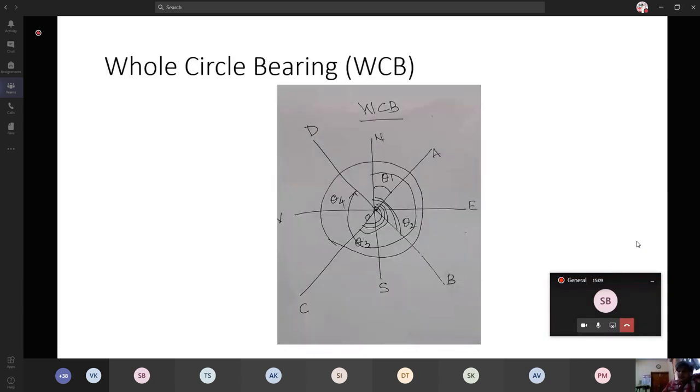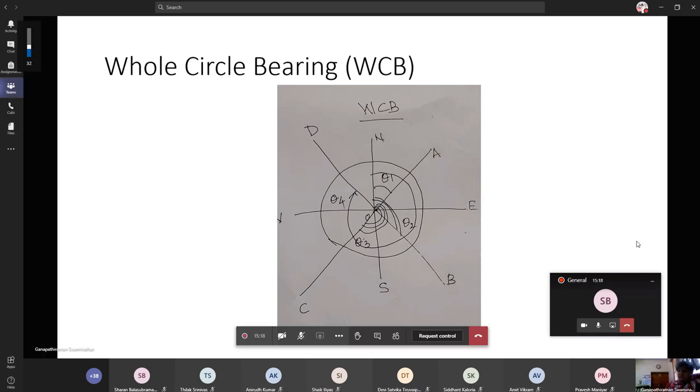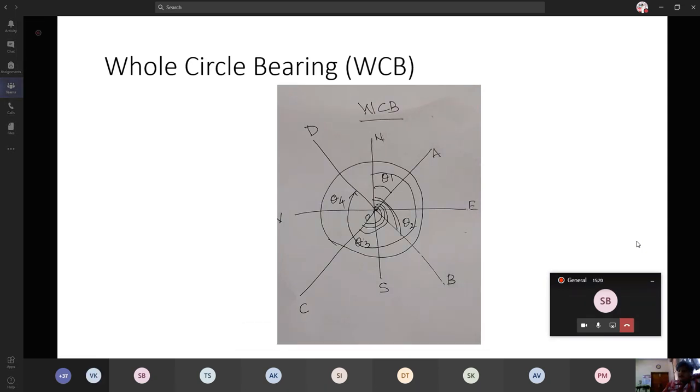Whole circle bearing: suppose you have 4 different lines, OA, OB, OC and OD. For the whole circle bearing, we say that the bearing of line OA is theta 1. Suppose I say that the bearing of line OA is 85 degree.